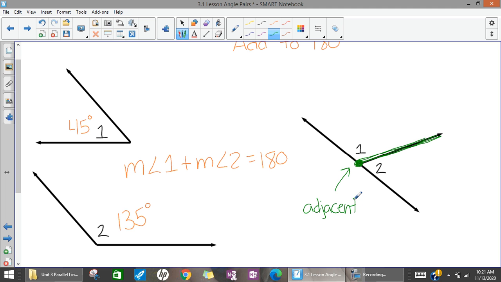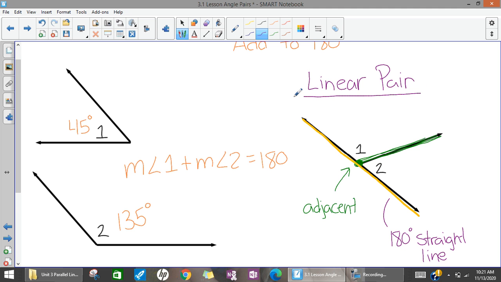And when 2 angles are adjacent and their other sides make a straight line, a straight line is 180 degrees. So when 2 angles like this make a straight line and are adjacent, these are called a linear pair.